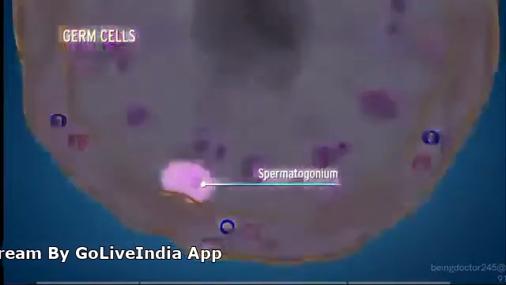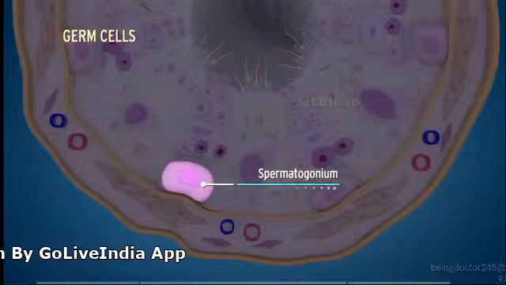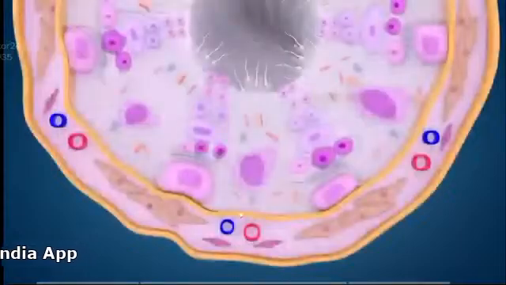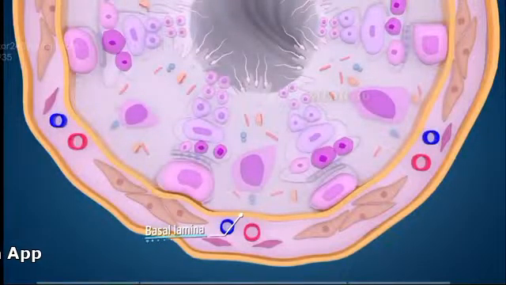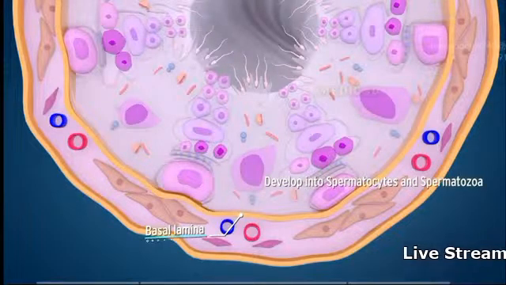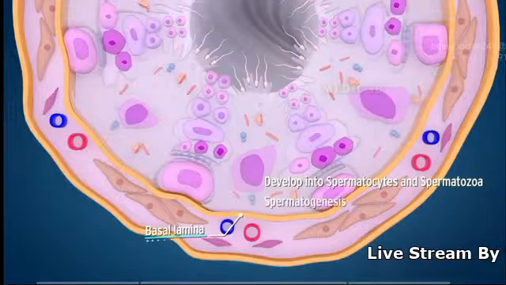Germ cells, or spermatogonium, are the undifferentiated germinal epithelial cells of the seminiferous tubule, which are present near the basal lamina of the seminiferous tubule, and they develop into spermatocytes and spermatozoa in the process of development, or spermatogenesis.